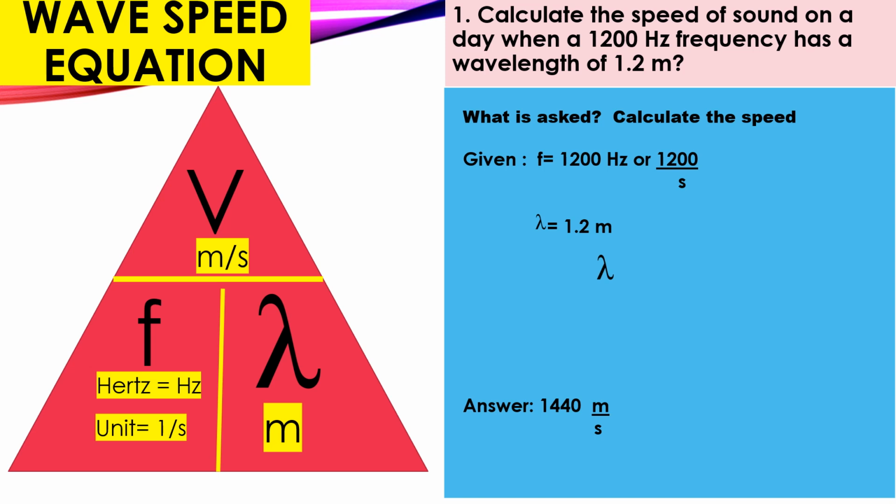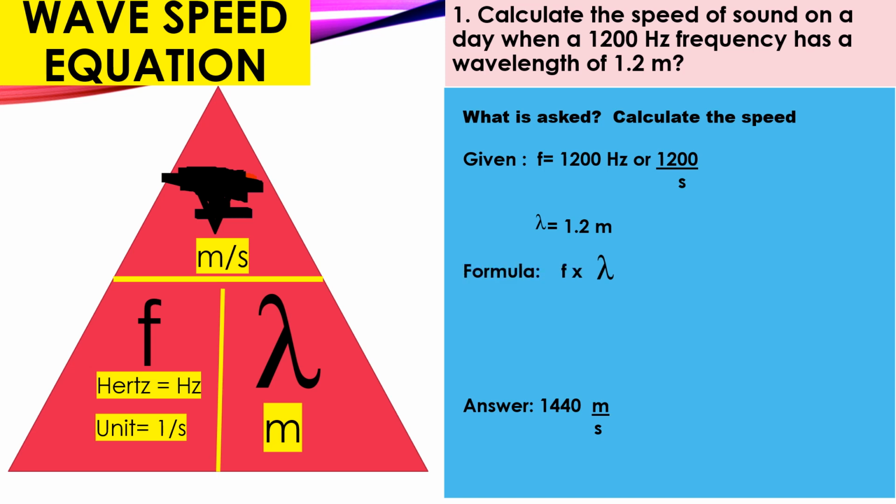So if we're going to cover the V, what is our formula? Since we are looking for the speed, we cover it. If we cover the velocity or the speed, what formula are we going to produce? Since they are side by side, it means you have to multiply.